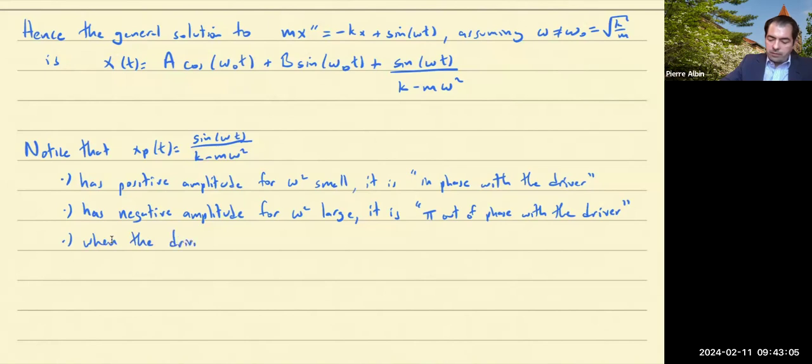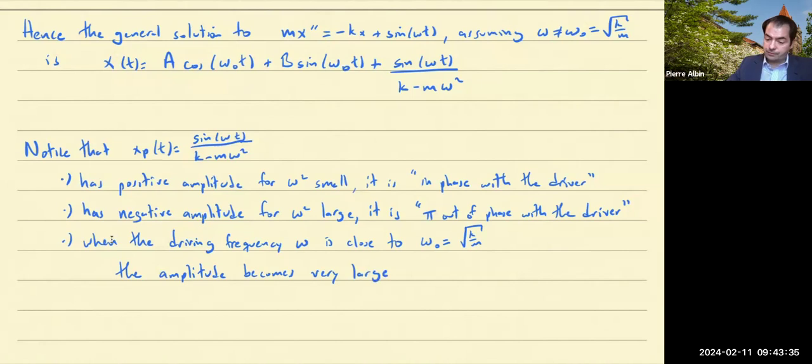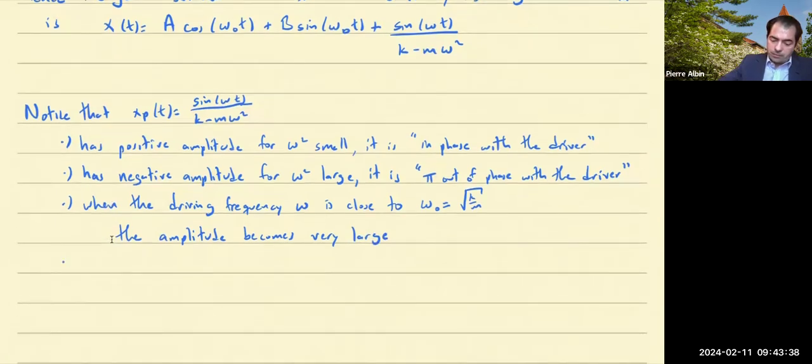When the driving frequency omega is close to the natural frequency omega naught, then the amplitude becomes very large. And if you were to plug in omega equals omega naught, well, you're not allowed to plug that in for a couple of reasons.